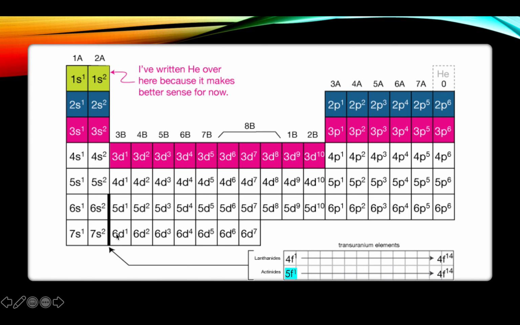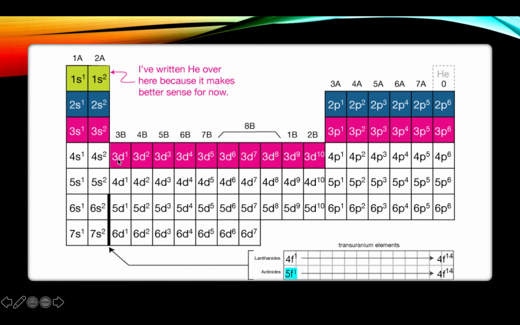Next is the d orbital, which is located in the transition metals, or the middle of the periodic table. And lastly, the f orbital, which is at the bottom, and it has the 4f and 5f1. There was a misprint on here, so that's why I've changed it into 5f1. Also, when we're on the d orbital, make sure that we start with 3d, not 4d, as it's shown right next to it, which has 4s, but it must be shown as 3d.